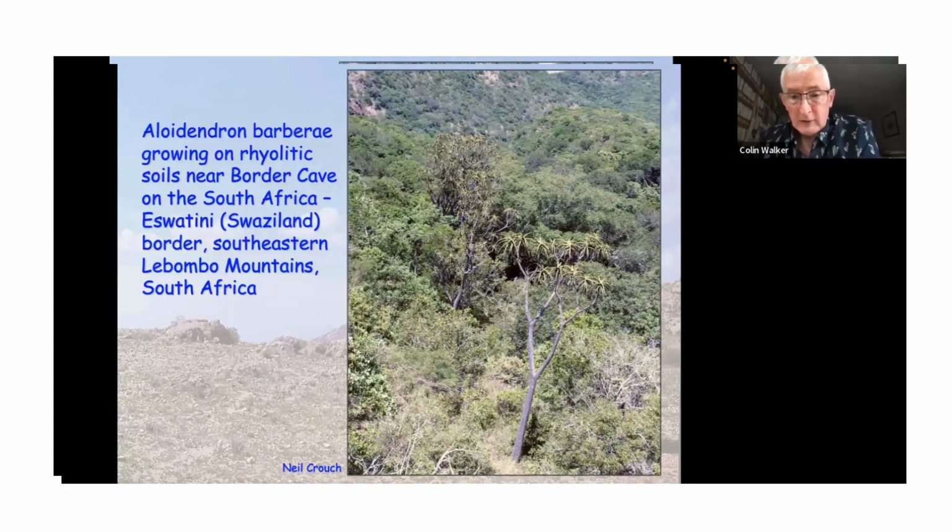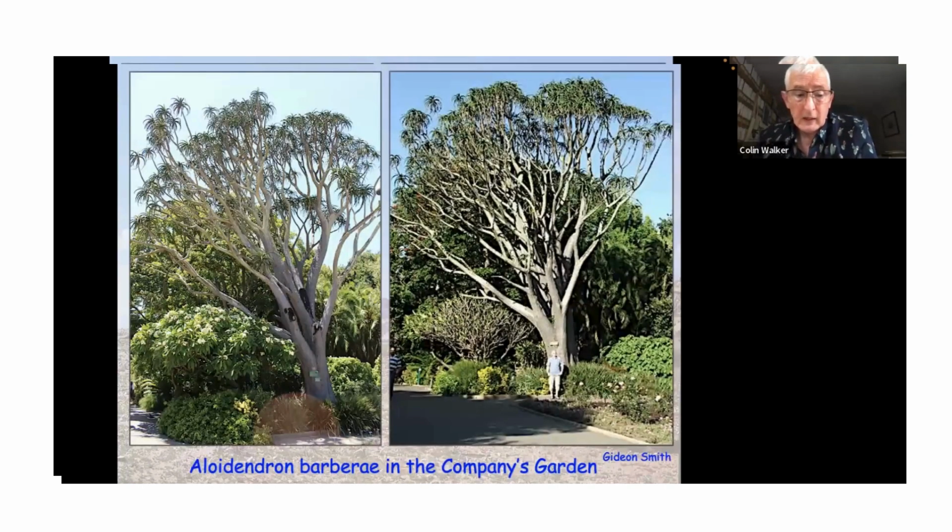Here it is in habitat. This is the biggest of the tree aloes. It grows up to 18 meters tall, which is nearly 60 feet. This is in central Cape Town. So I told you that the Dutch established a colony in Cape Town. They had a garden in the center of Cape Town, which still exists there. And here is a specimen of Aloidendron barberae in the Company's Garden.